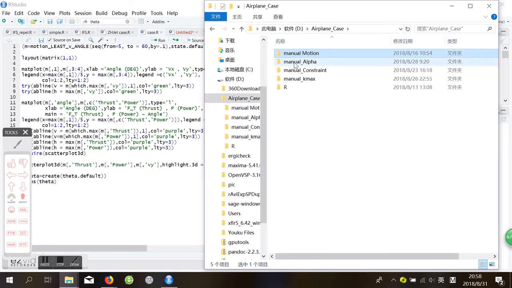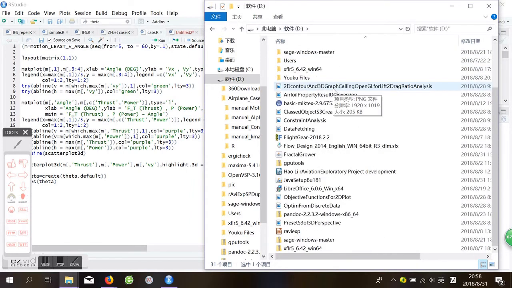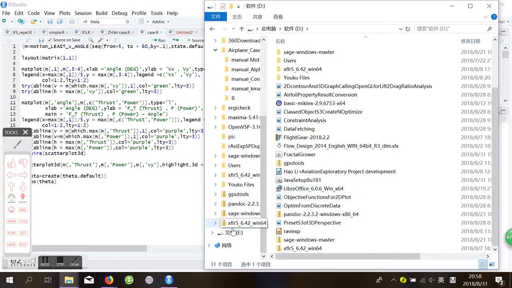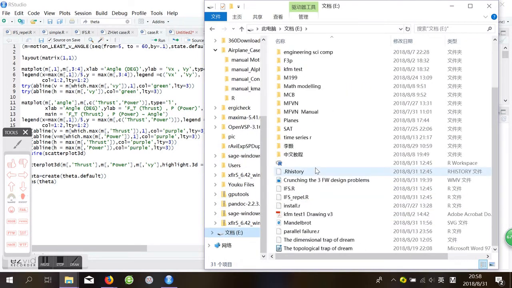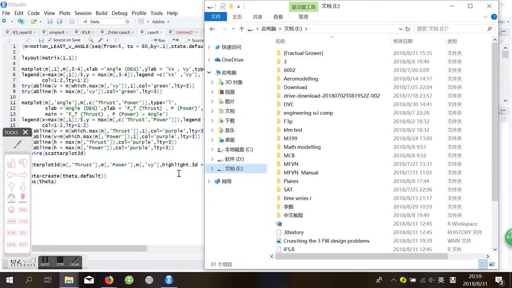And this is called the load diagram, the load case for the plane.